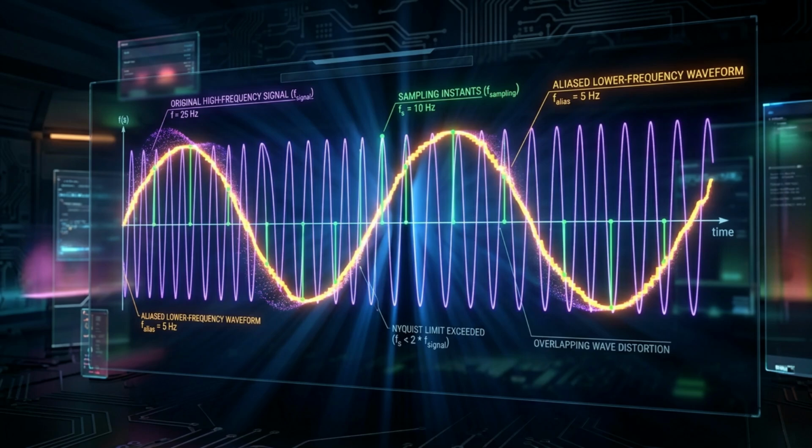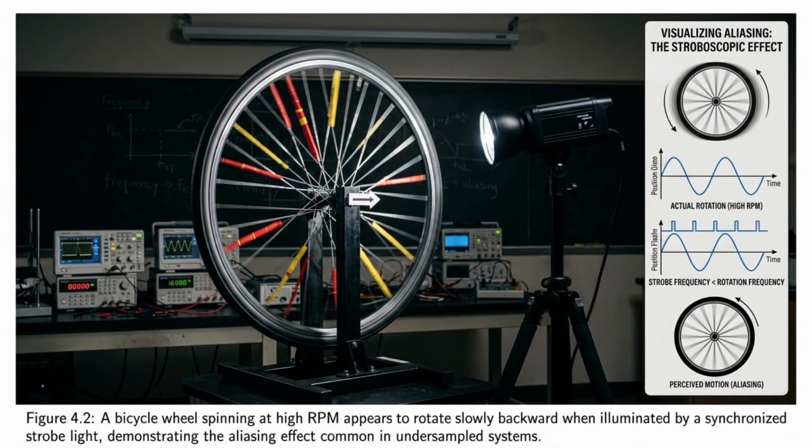When aliasing occurs, high-frequency signals appear as lower-frequency signals after reconstruction. In simple terms, the signal lies about its true frequency. For example, a fast-rotating wheel may appear to rotate slowly or even backward in a video due to aliasing effects.